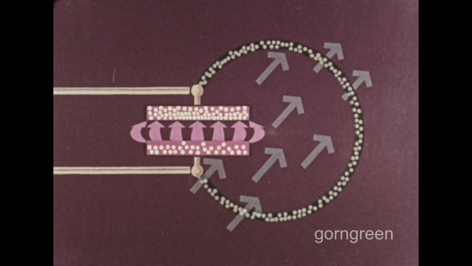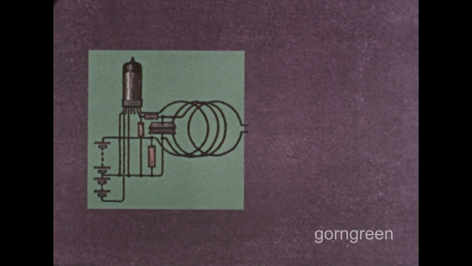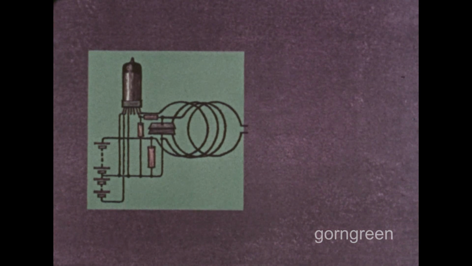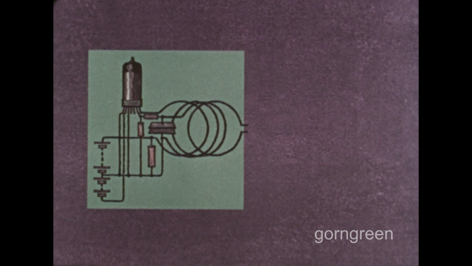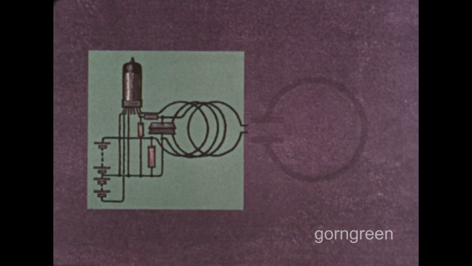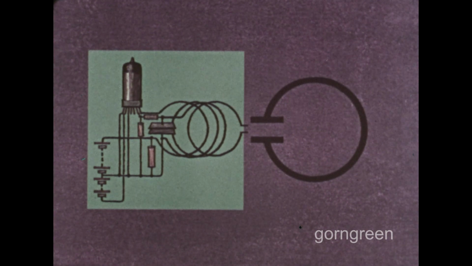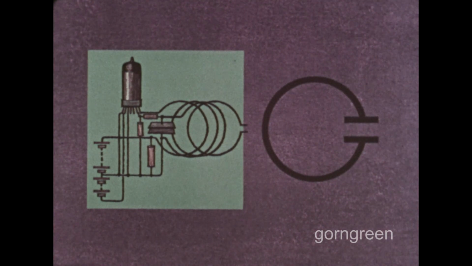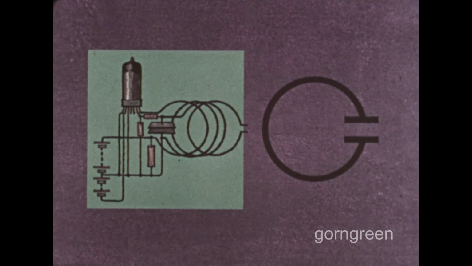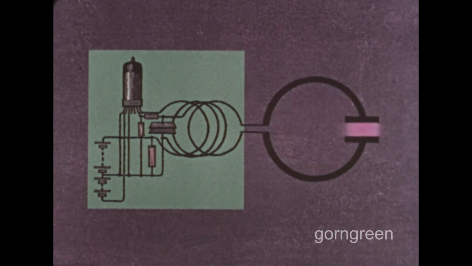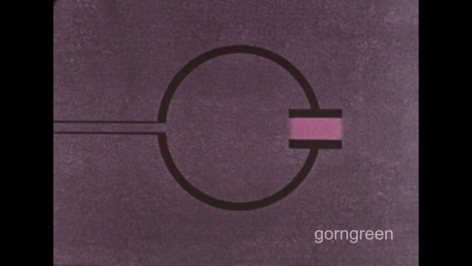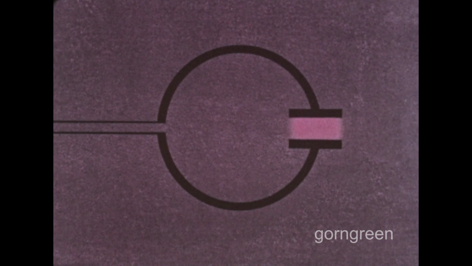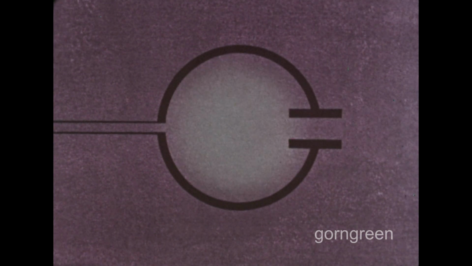In practice, this can be done electronically, by means of a valve or transistor circuit, to which the oscillatory circuit is connected, like this, or the other way round. Depending on the tuning, the oscillations produced in this way can have frequencies from less than 1 cycle per second to more than 1 million. The tuning is determined by the coil and capacitor values.